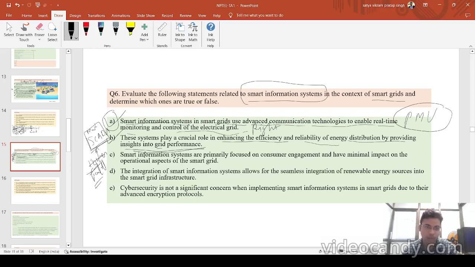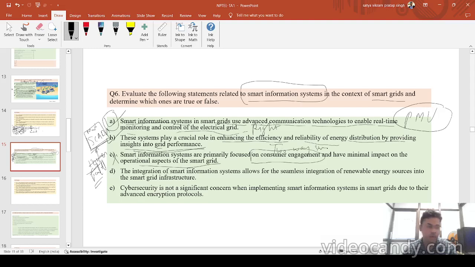Coming to the C part, smart information systems are primarily focused on consumer engagement and have minimal impact on the operational aspect of the smart grid. That is false. Why? It does have consumer engagement, that is correct, because two-way communication is possible in the smart grid.